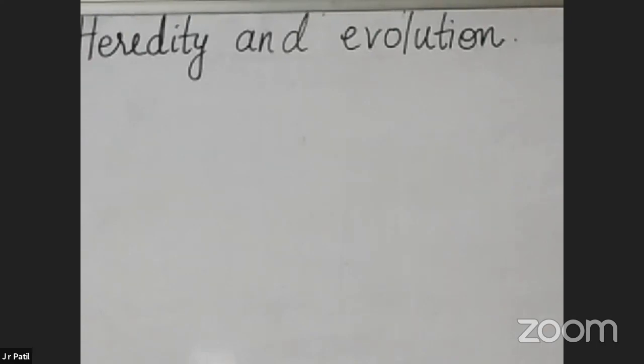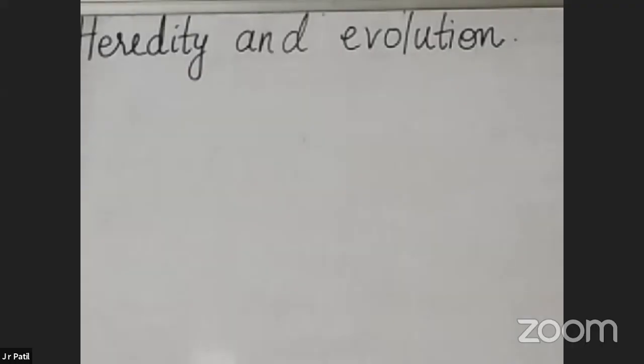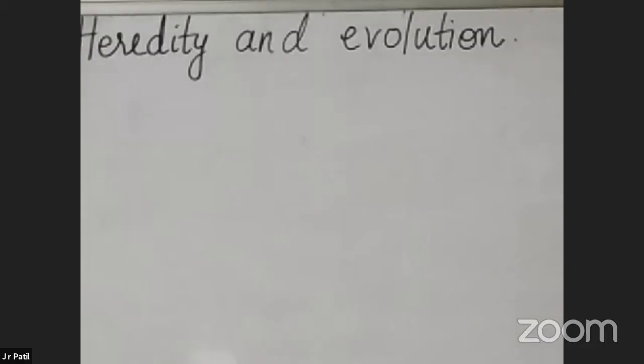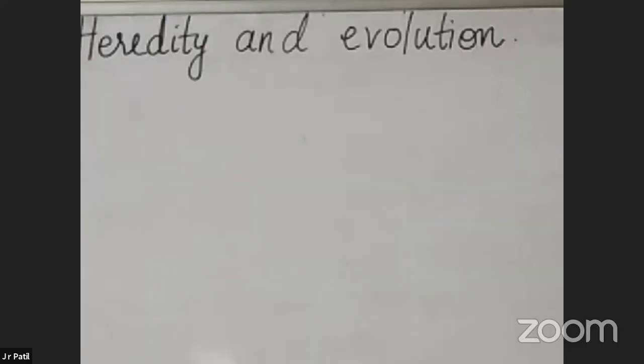Then we have discussed Gregor John Mendel, who is known as the Father of Genetics. He did many experiments on plant breeding, and he selected the garden pea plant for his experiment.